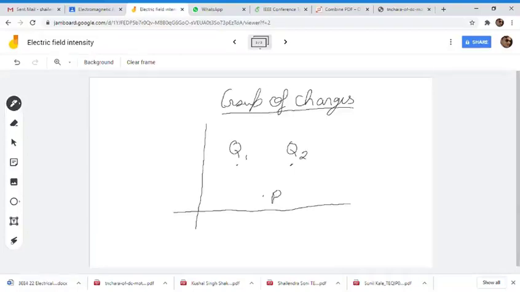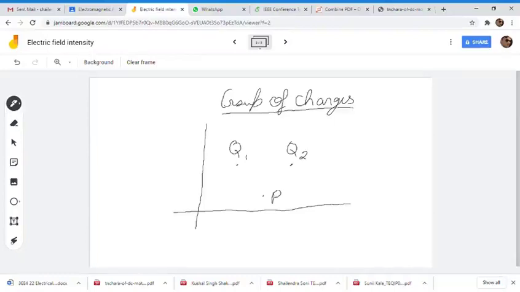It is very simple. You just need to find the electric field at point P due to charge q1, and then find the electric field due to charge q2 at point P, and then just add them vectorially.